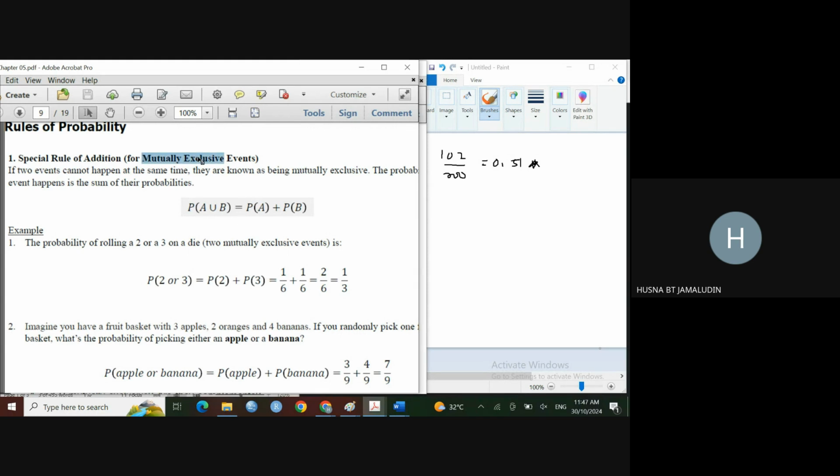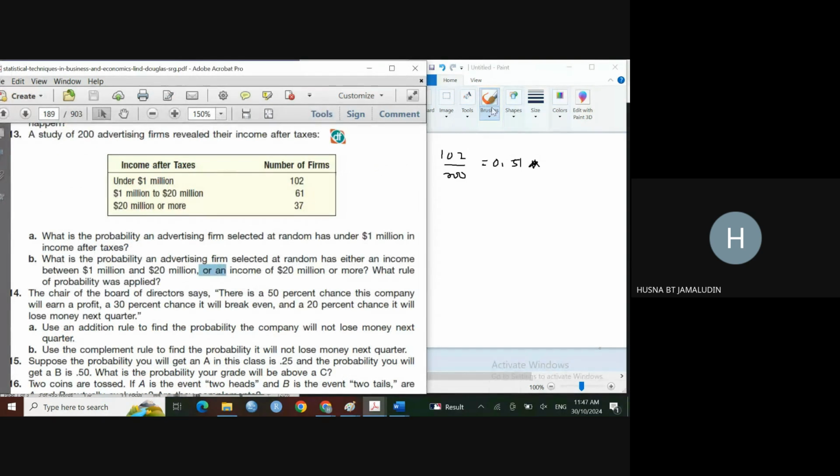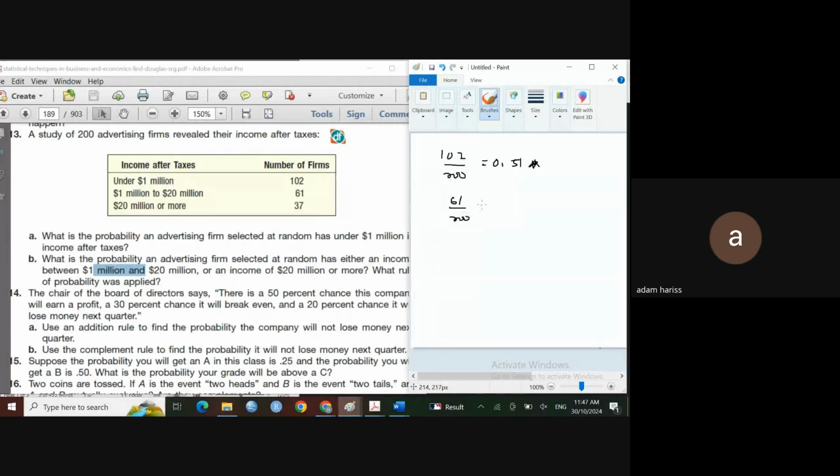Remember, there are 3 different firms, so probability of A plus B. Where is your A? You have between 1 million to 20 million. The first firm's probability is 61 over 200, and then you add another one, 37 over 200. 61 over 200 gives you 0.305.